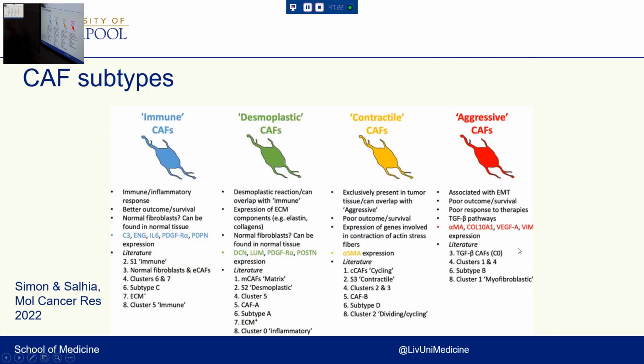And these CAFs are now being separated into individual subtypes. The immune and desmoplastic CAF subtypes are largely helpful. They're good fibroblasts. They're those that primarily have the kind of wound healing type appearance to them, and they are generally quite useful. We're now seeing very contractile CAFs, those that are expressing a lot of alpha smooth muscle actin.